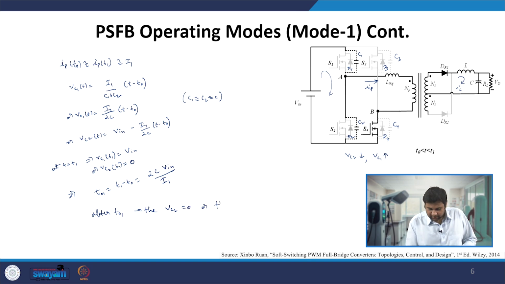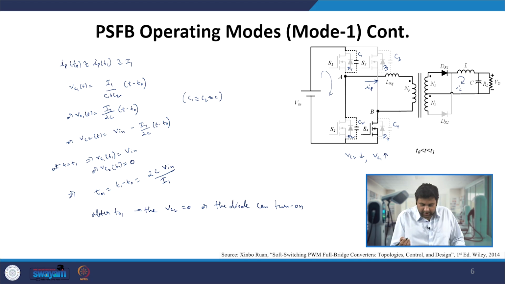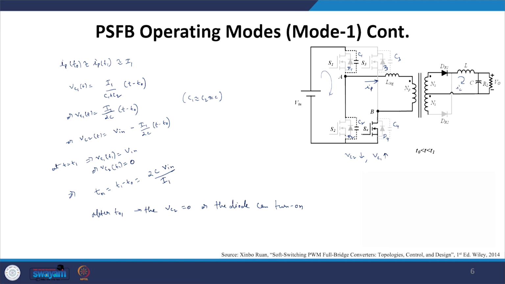That is when the diode can turn on, and if the diode turns on, we know that S2 will go for 0 voltage turn on, because since the diode turns on, the voltage across S2 is actually 0. Now let us take the next mode.